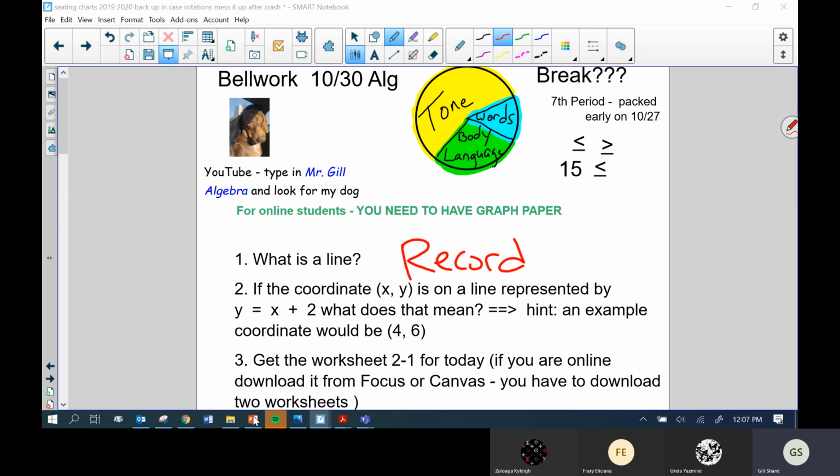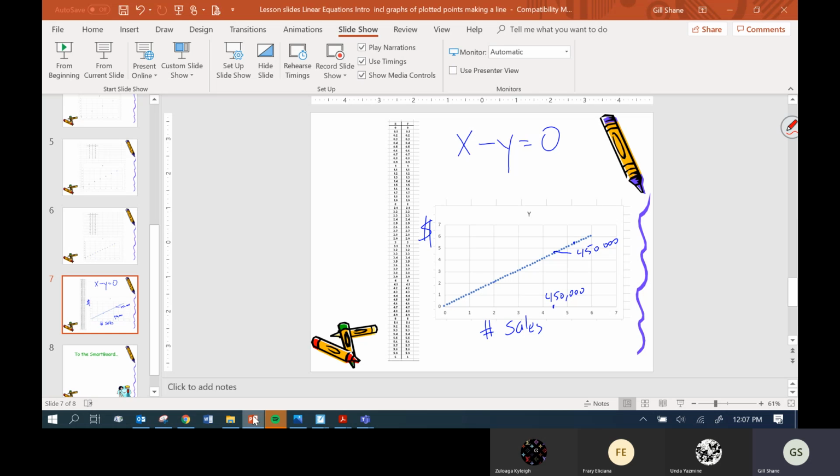I'm going to go back. Where'd I get all those values from? I know you can't see them, but all those values came from that equation. So what did I do to get them? Math. What math? Line math.